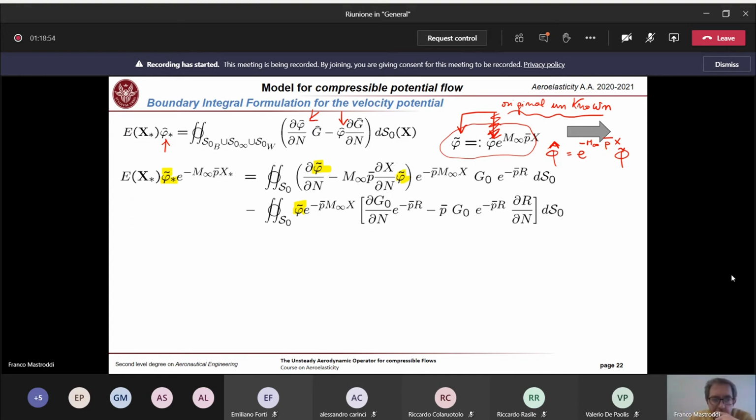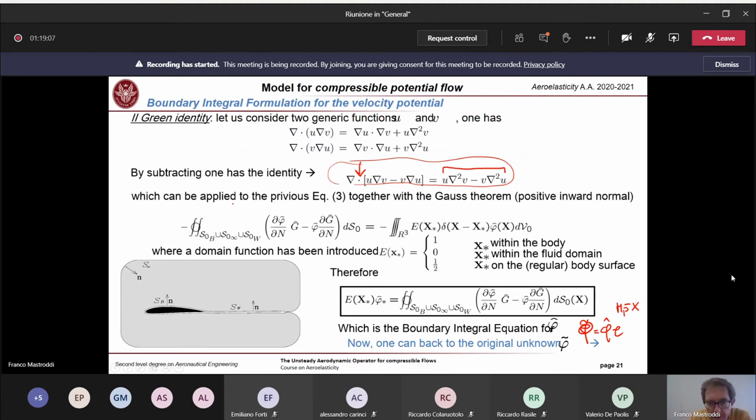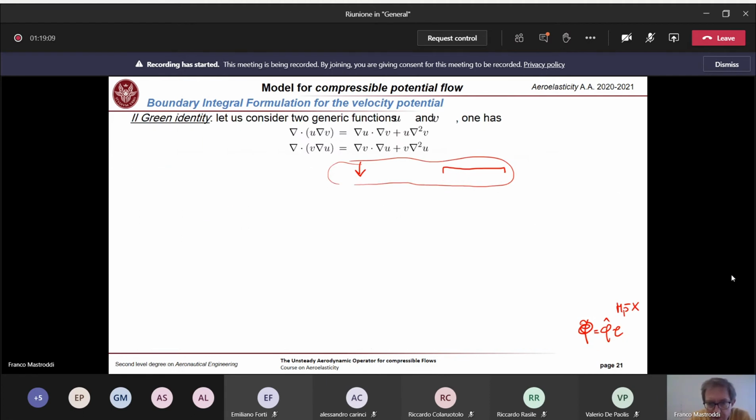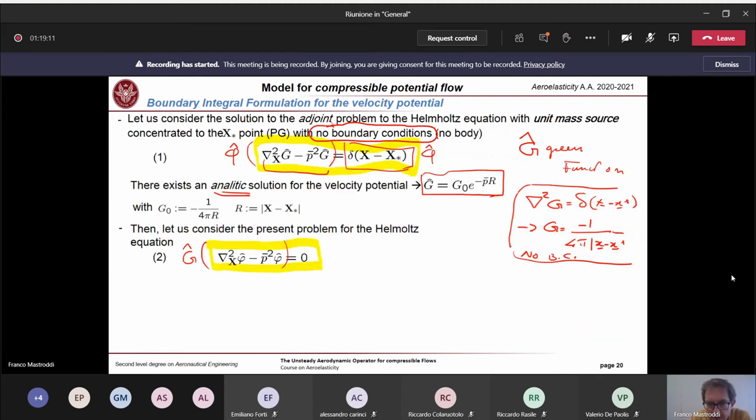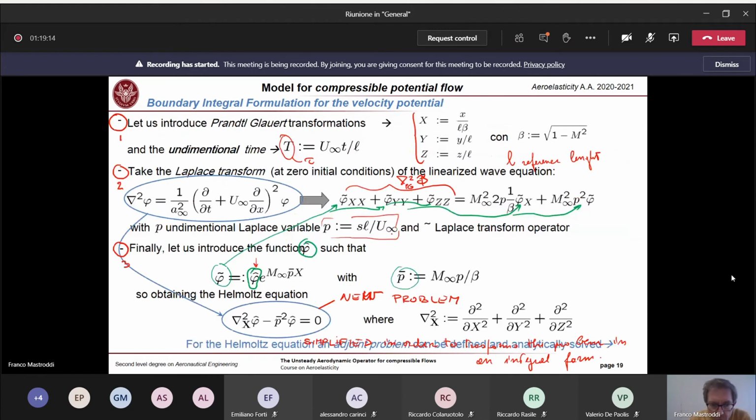And next we have to develop our p bar. This p bar, remember, is a definition here for p bar, and it was equal to Mach p by beta.